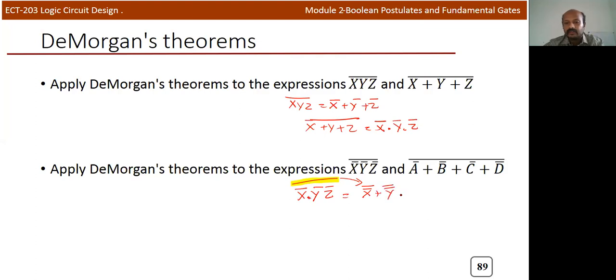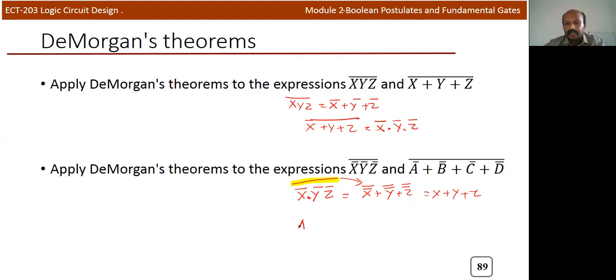Again, you need to take y bar, then z bar the whole bar. And from the previous rule, we know the double negation: if you take the complement 2 times, you will get exactly the same variable. So it becomes x plus y plus z. This rule we already explained in the previous lecture. By Boolean rules, we know that double negation is equal to x itself. If you perform the NOT operation 2 times, you will get exactly the same.